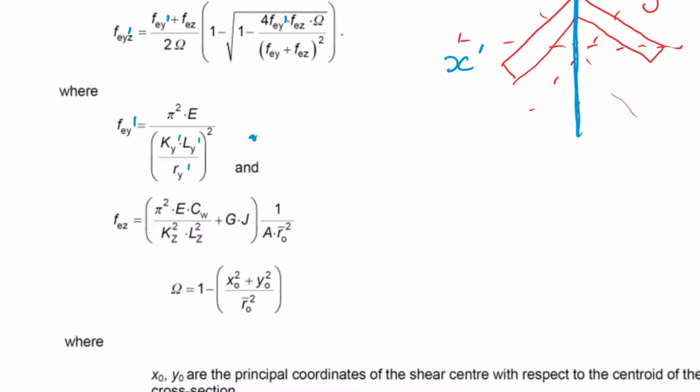FEZ, a torsional failure. One thing you will see is once in a while you will design a section and it will have no CW value. So just as a rule of thumb, you can take that as 0 if not listed in the red book.